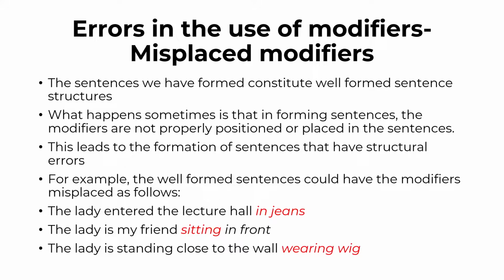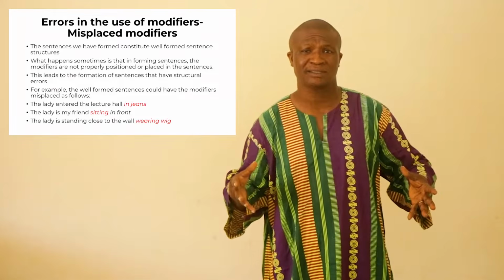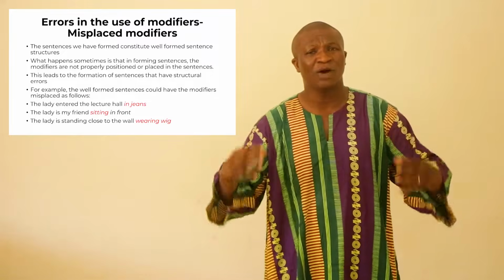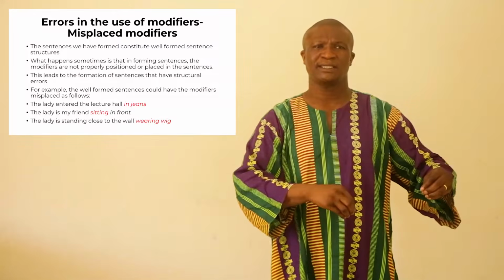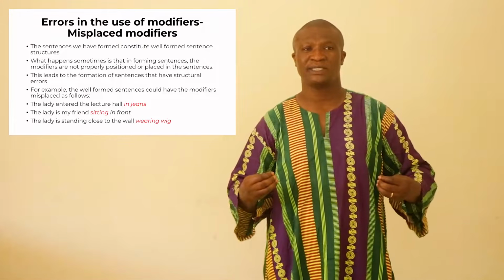For example, the lady entered the lecture hall in jeans. In this case, what is in jeans? The meaning will be that the lecture hall is in jeans. But the lecture hall cannot be in jeans. So we say this is an example of a sentence in which the modifier is misplaced. It should be placed close to the lady, but it is now placed close to the lecture hall, and the hall cannot be in jeans.